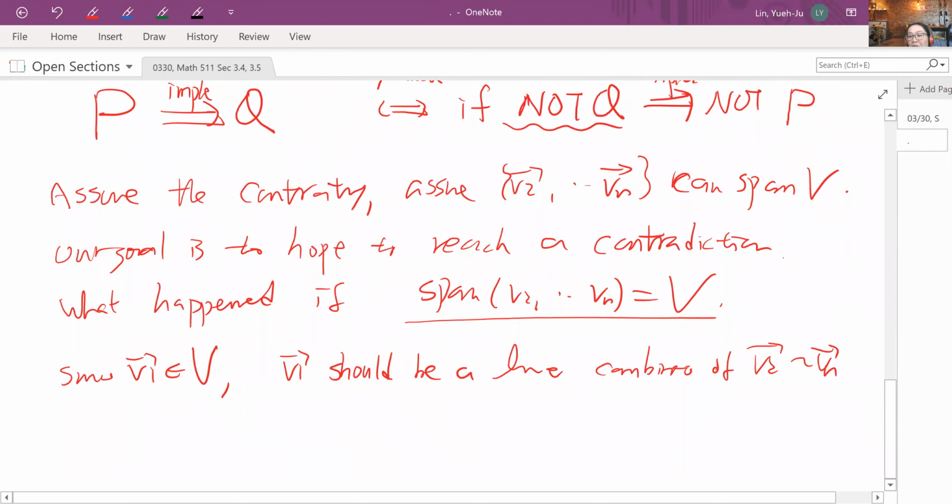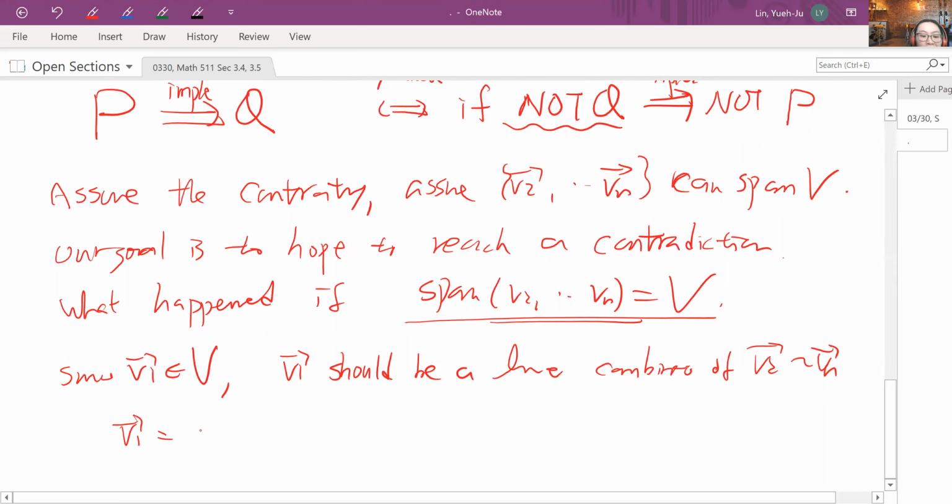So technically V1 should be able to be written as a linear combination of V2 to Vn, whatever the linear combination is.